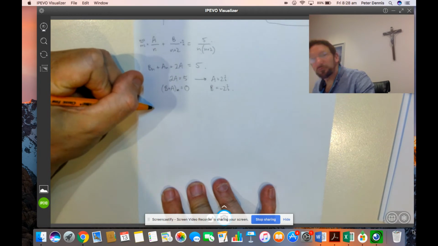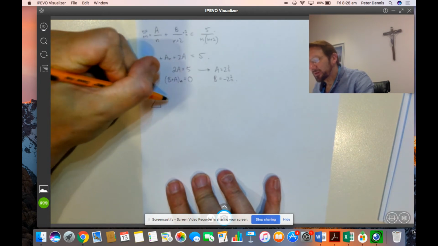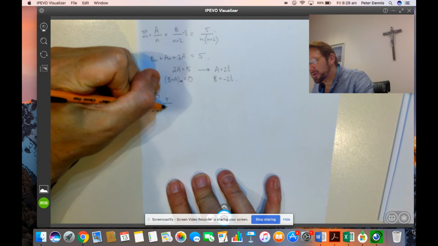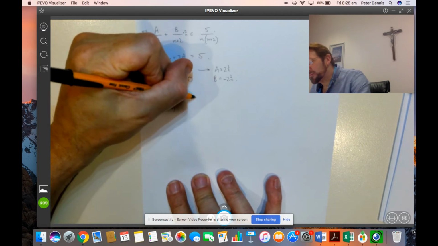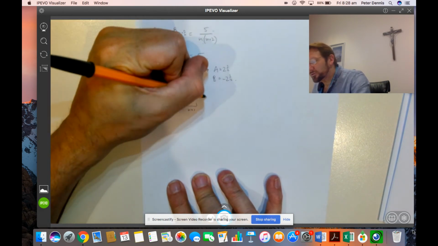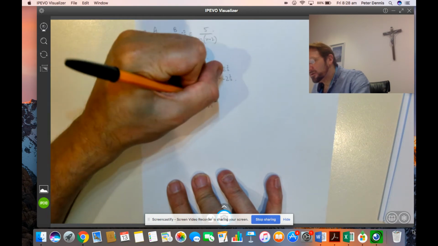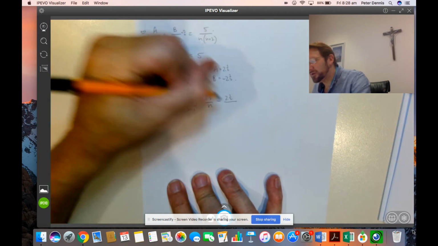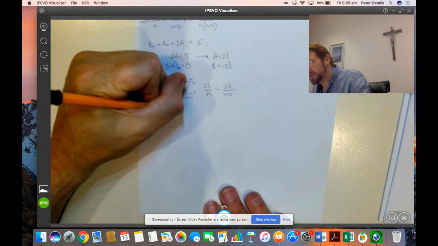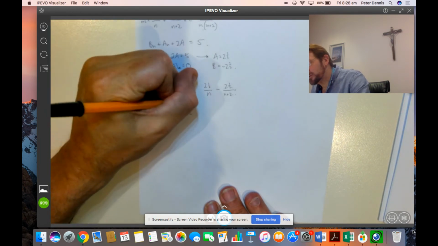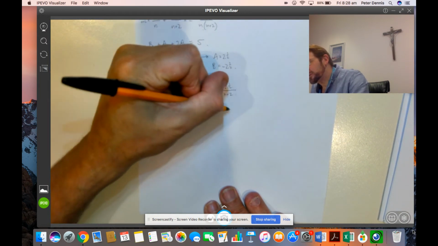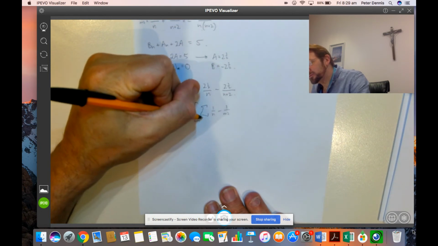We know that the sum from n equals 1 to infinity of 5 over n times n plus 2 is the same as the sum from n equals 1 to infinity of 2.5 over n minus 2.5 over n plus 2. We can take the 2.5 out, so it's 2.5 outside of the sum of 1 over n minus 1 over n plus 2, still from n equals 1 to infinity.